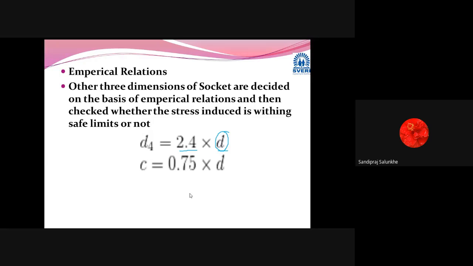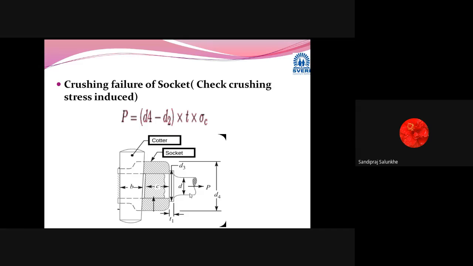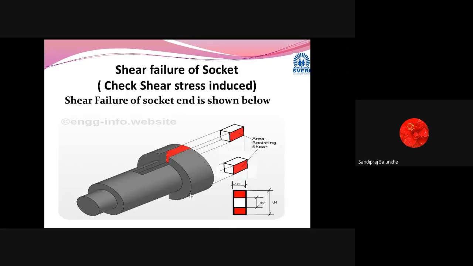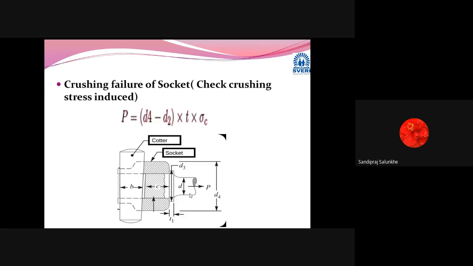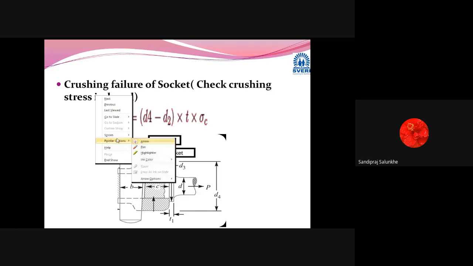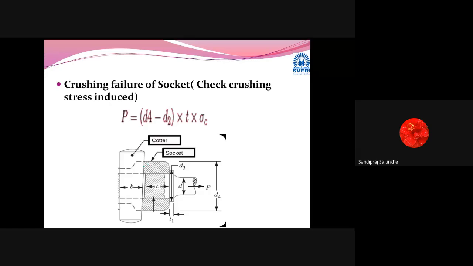But that is not sufficient. We are going to consider the crushing failure, and also the shearing failure of this socket. So first of all, we will consider the crushing. Crushing is where this quarter pin applies force on this part, and it is trying to push out in this direction.